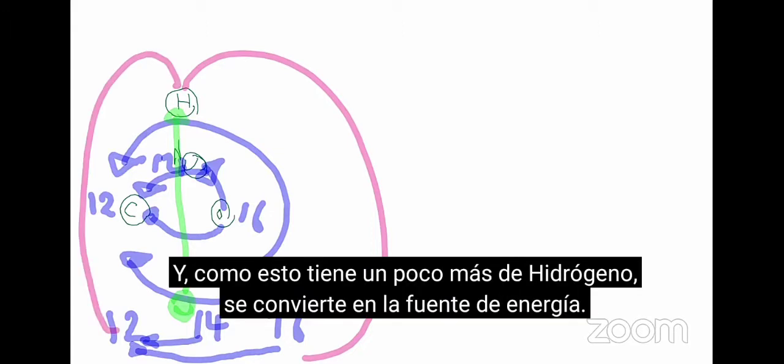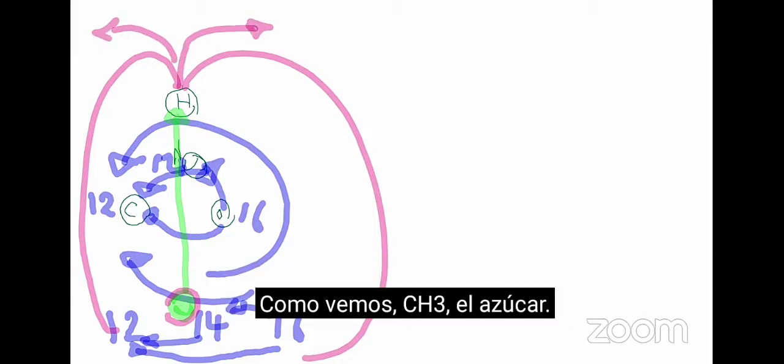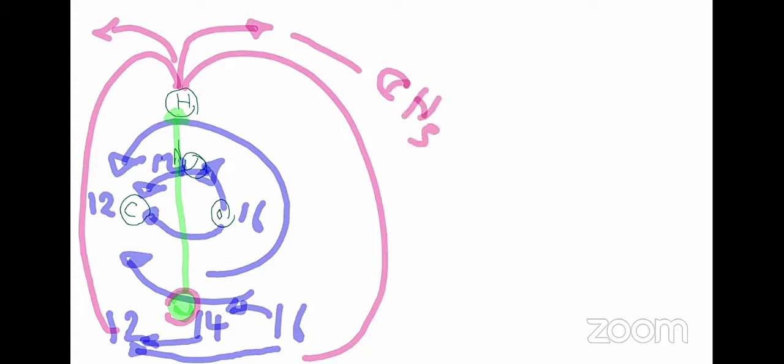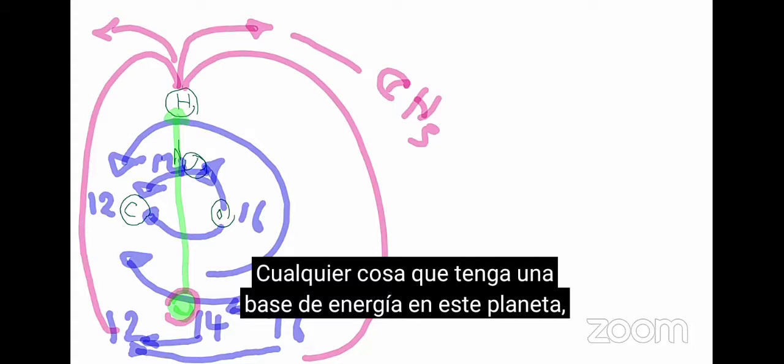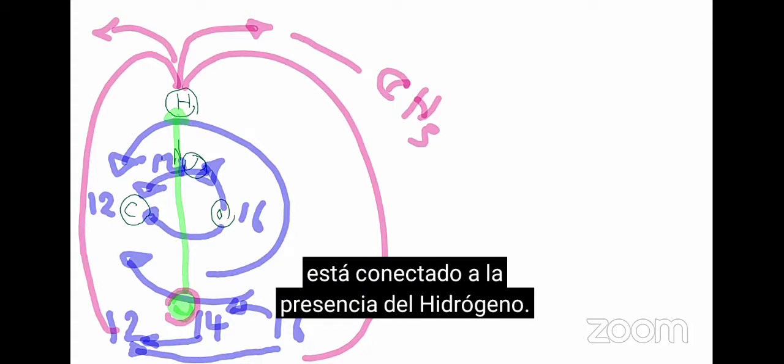And because this has slightly more hydrogen, it becomes the energy source, as we see in CH3, the sugar. Anything which has an energy base on this planet is connected to the presence of the hydrogen.